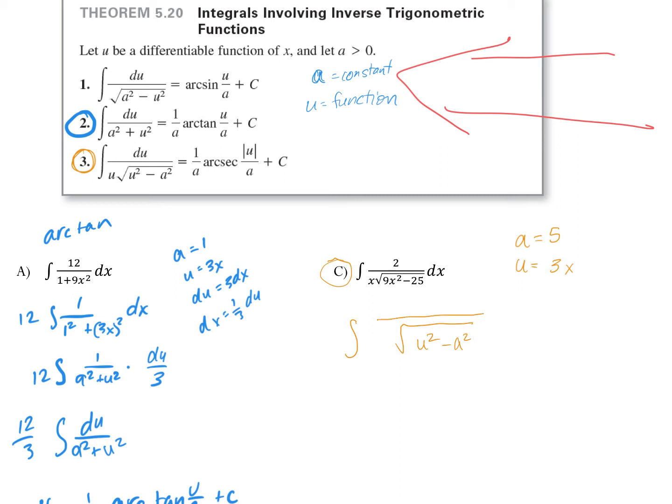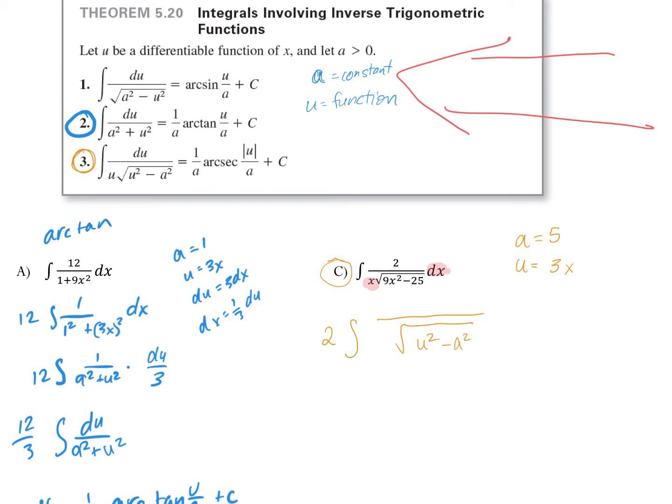And do you mind if I put the 2 out front? And we're not done yet. We still have to do something about the x and the dx. You with me?